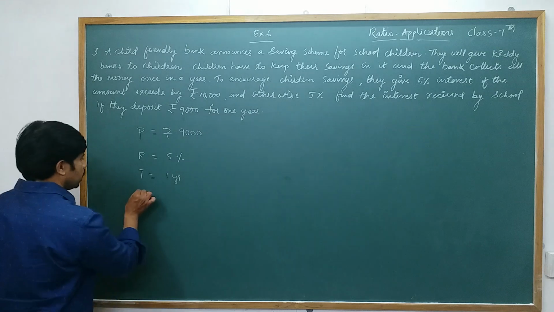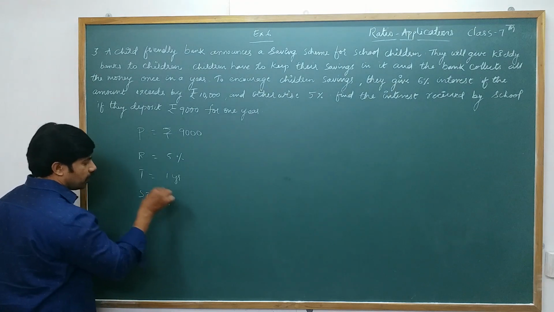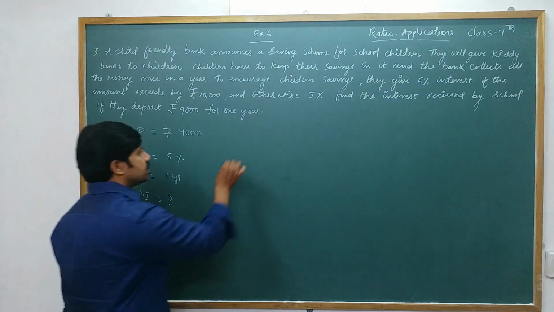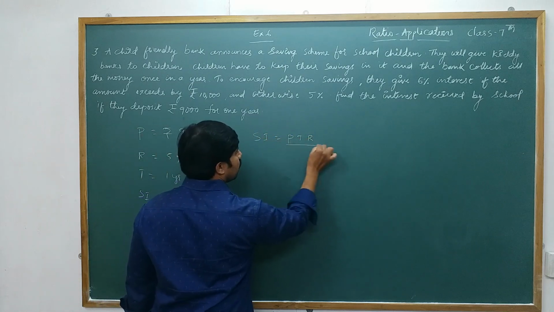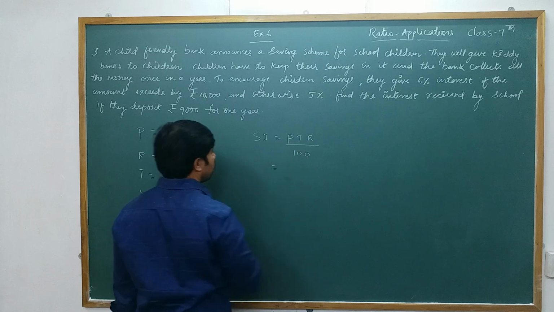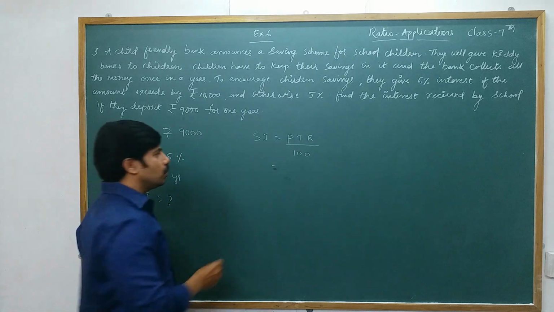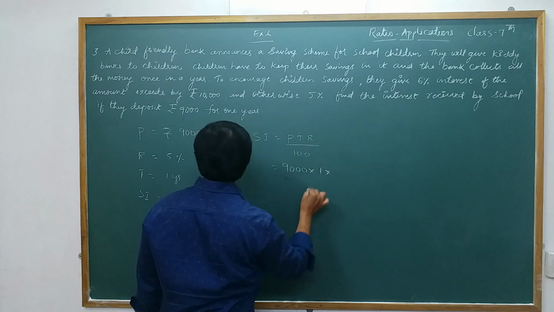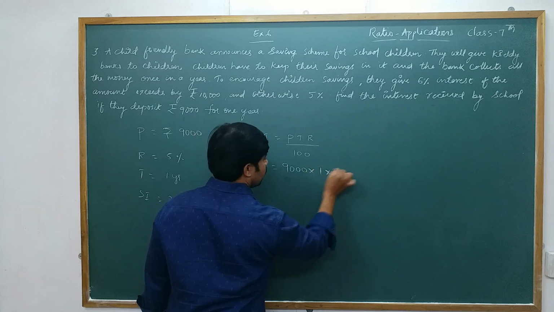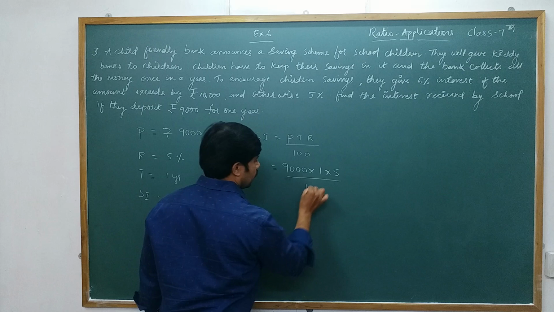Okay. Find the interest received by the school. Here interest is nothing but SI. You have to find out SI. So what is SI? It is PTR by 100. So P is 9,000 rupees into time 1 year, and what is rate of interest? It is 5 by 100.